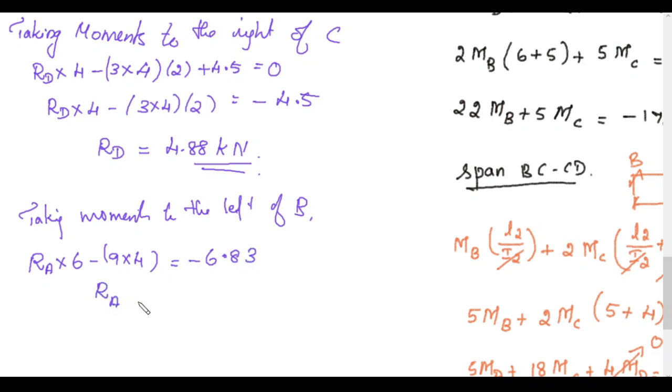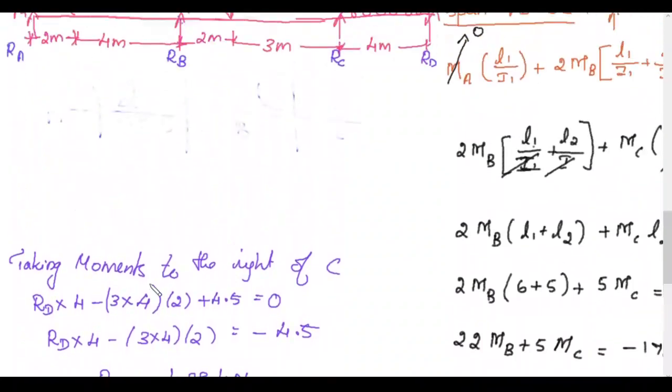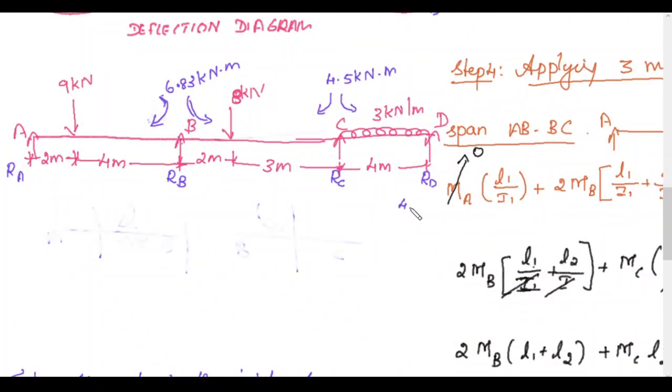Solving, we get RA is equal to 4.86 kilonewton. So RD is 4.88 kilonewton, and RA is 4.86 kilonewton. So we got two unknown reactions.